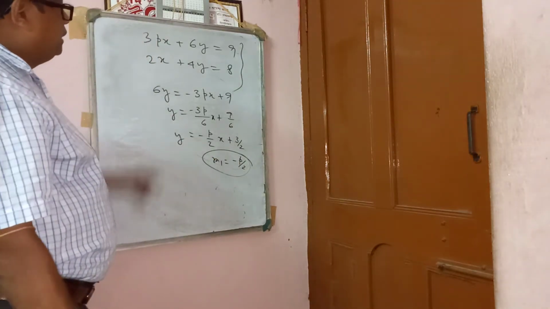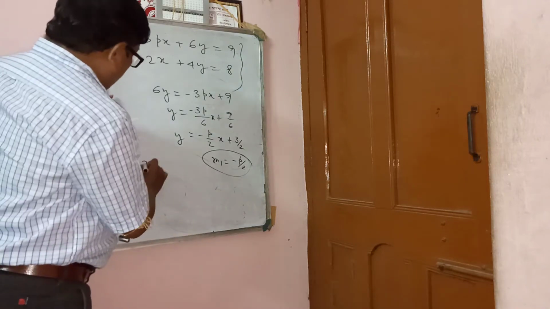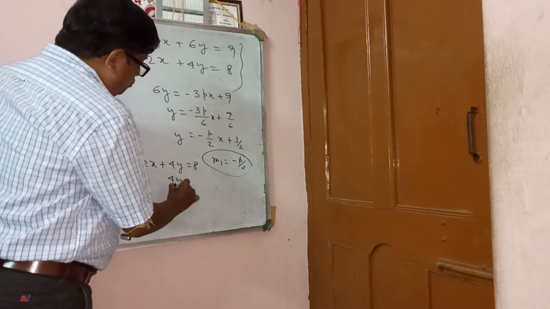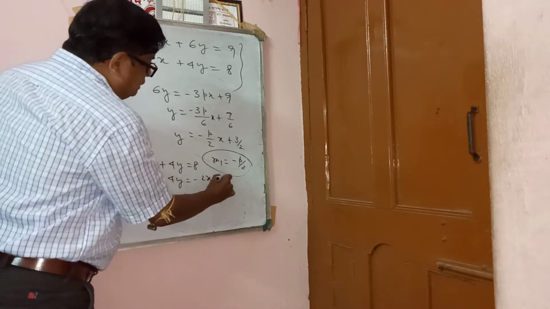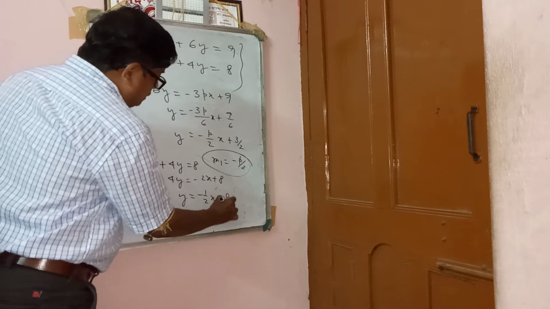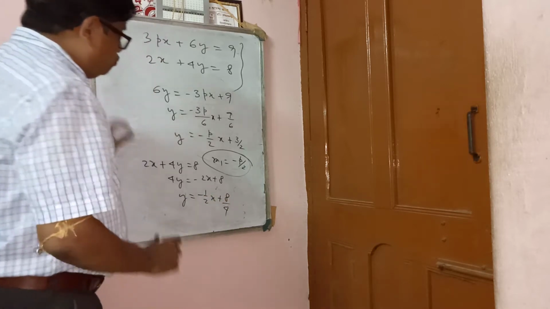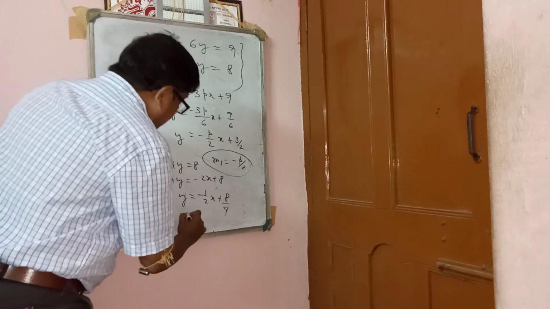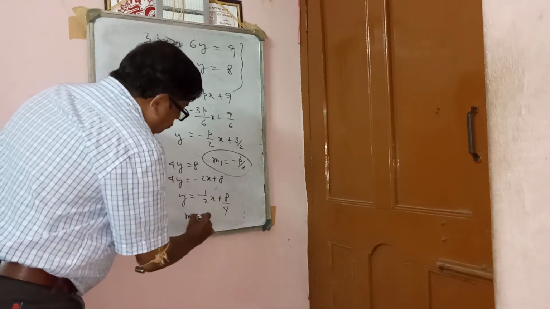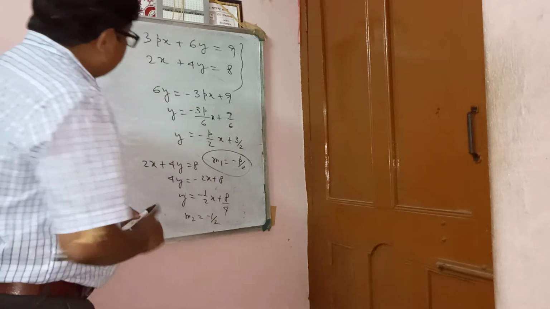Now second equation, 2x plus 4y equal to 8. So 4y equal to minus 2x plus 8. So y equal to minus 1 by 2 x plus 8 by 4, that is 2. So here m2 equal to minus half.